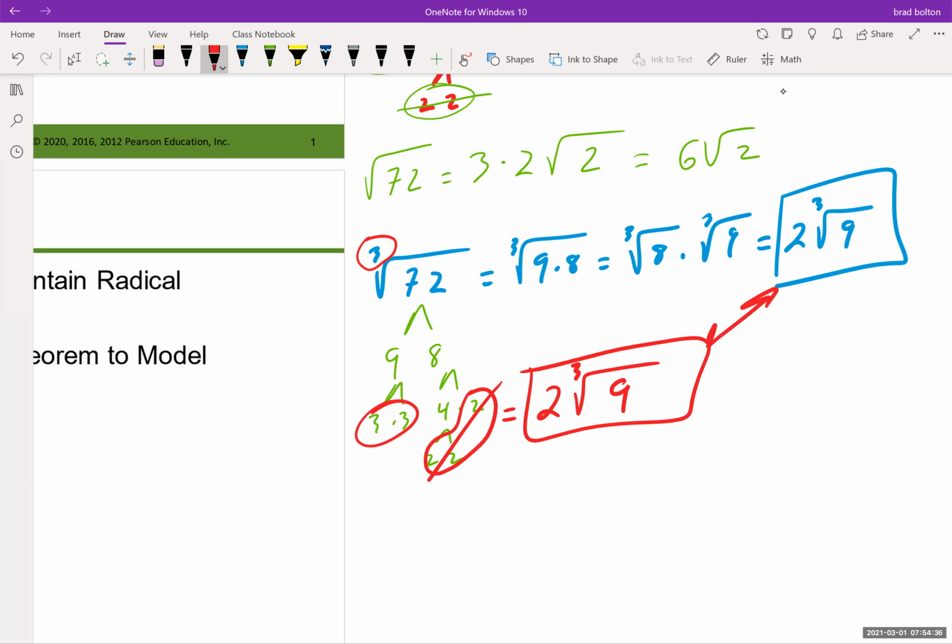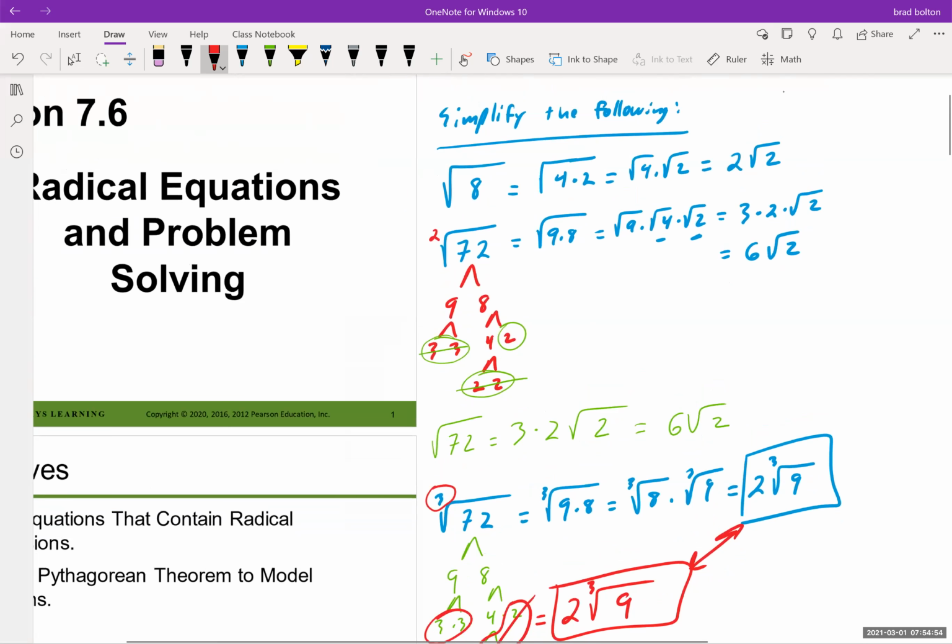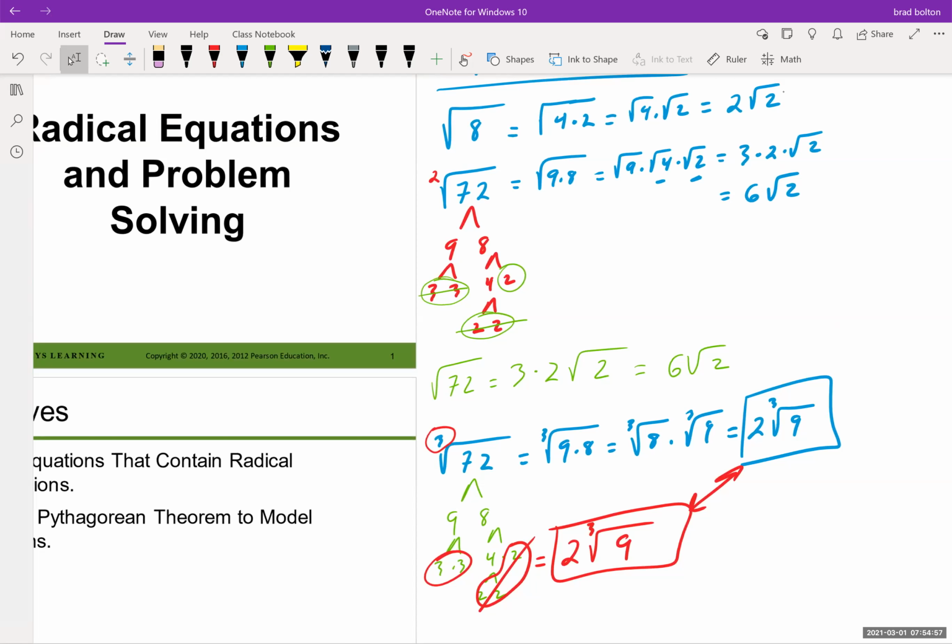Same answer, right? There's no difference. So either way is fine with me, but this is how you simplify radicals. If they ask you for an exact answer, you have to do this. You are not okay with decimal approximations unless the problem says use decimal approximations or round off. So that's a little quick review of how to simplify radicals.